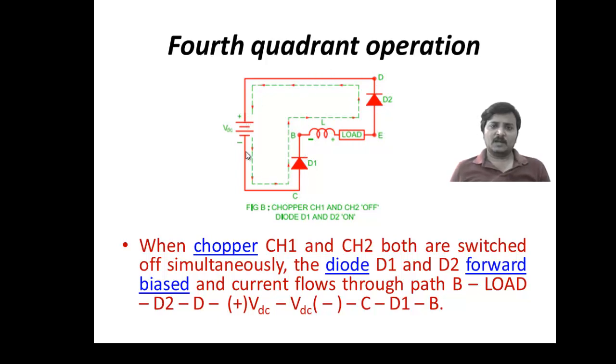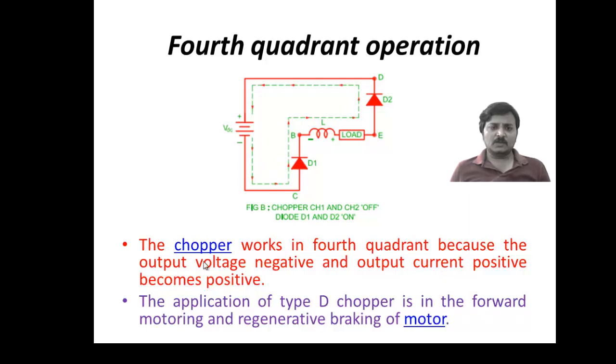The voltage applied is reversed, so the chopper works in the fourth quadrant because the output voltage is negative and the output current is positive. You can observe the current direction is the same.